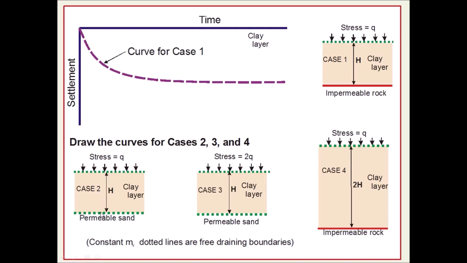At the bottom here, it's no longer an impermeable boundary, it's high permeability sand. So our drainage path, give your students a while to think about this, but the drainage path length is now half what it was here, and the ratio is the square of the drainage path length.